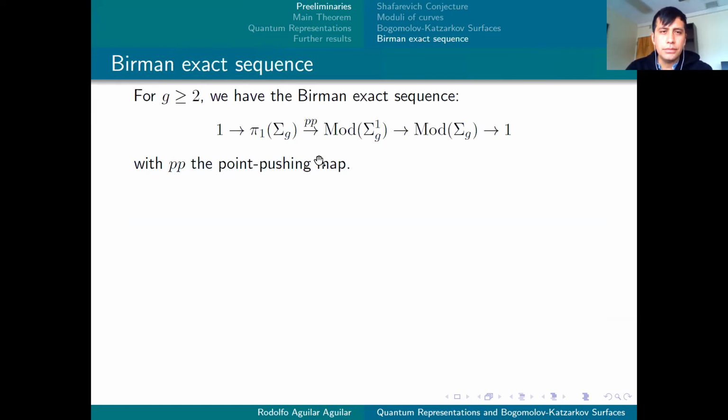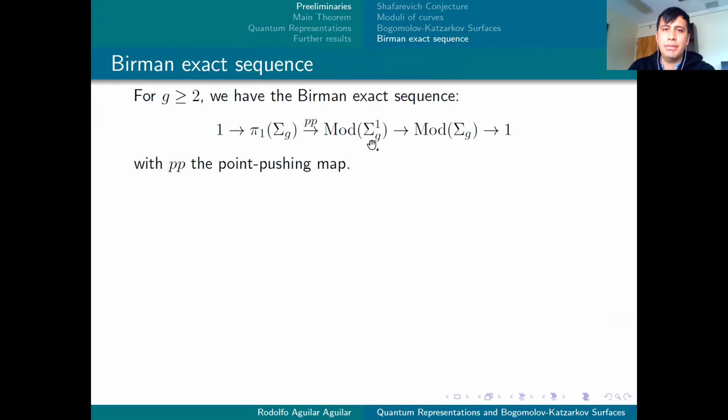Okay, now let me review the Birman exact sequence for the mapping class group, and we will see how it fits in the language that we are now introducing. So what does this Birman exact sequence do?